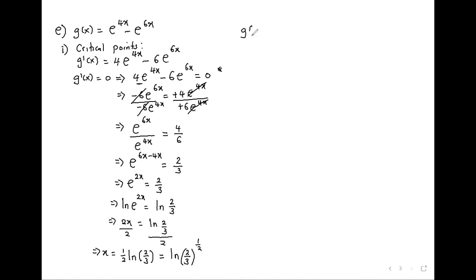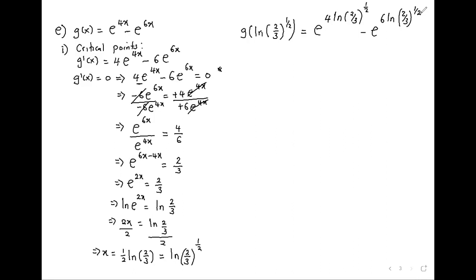So we have g of ln (2/3)^(1/2), which is equal to e^(4x), where there is x, we are putting ln (2/3)^(1/2), and then minus e^(6x) with ln (2/3)^(1/2).